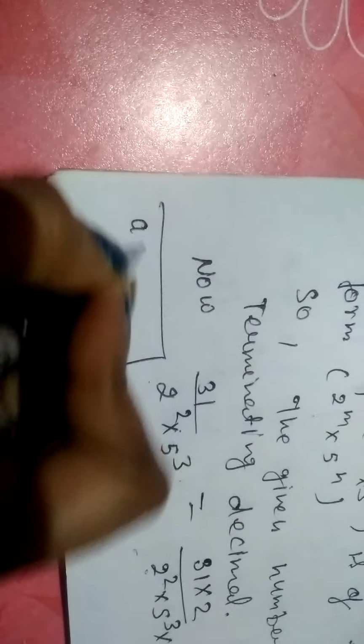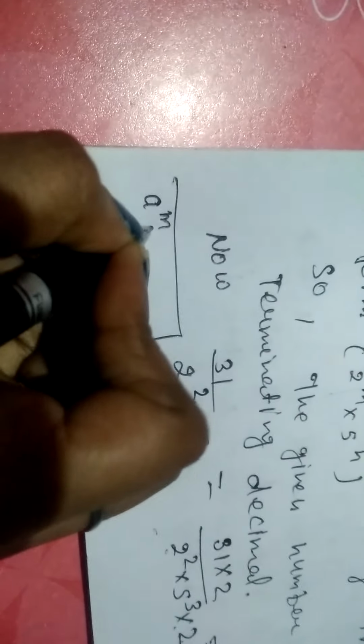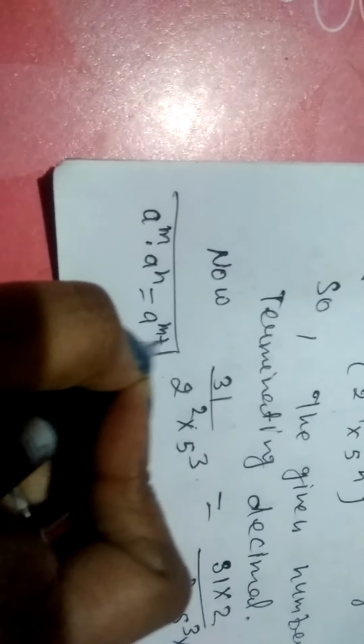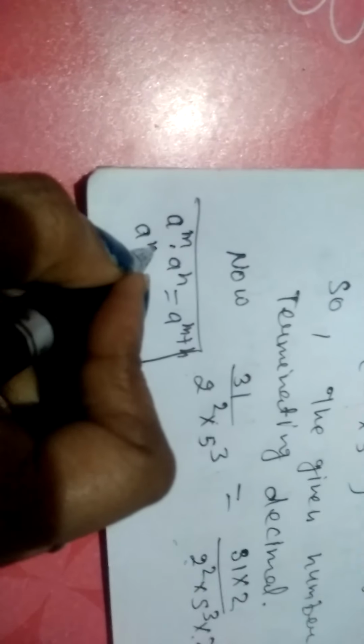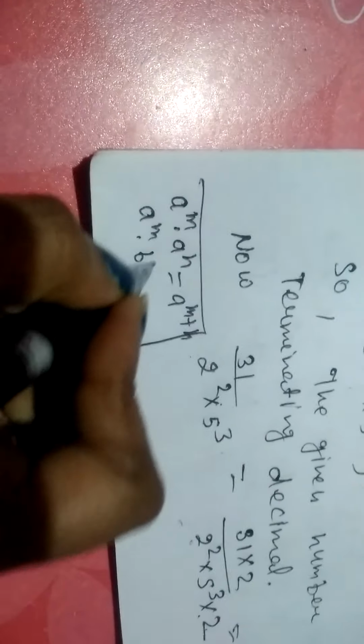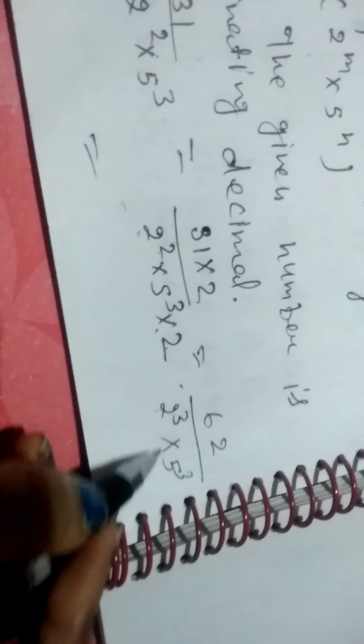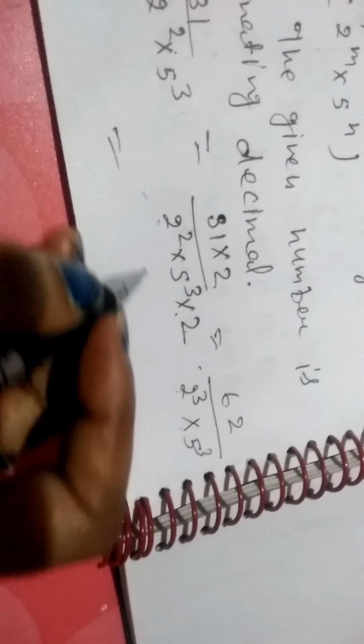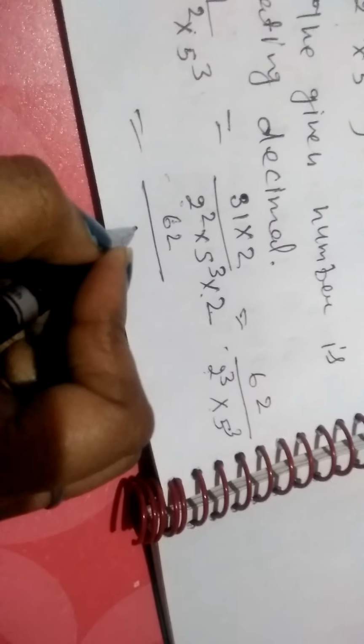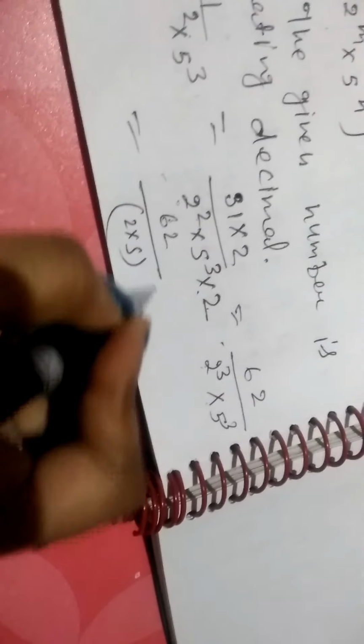We know that a to the power m into a to the power n is equal to a to the power m plus n, and a to the power n into b to the power n is equal to ab to the power n. Now here 2 to the power 3 into 5 to the power 3 we can write as 10 to the power 3.